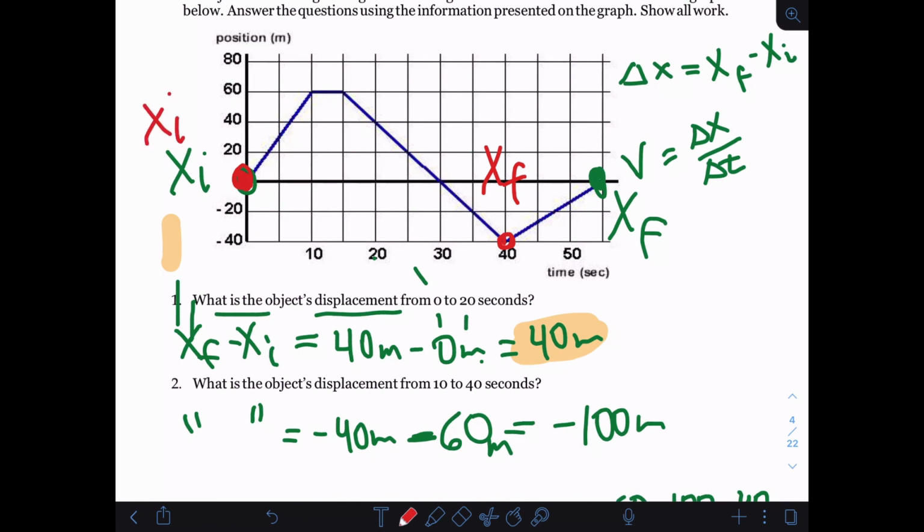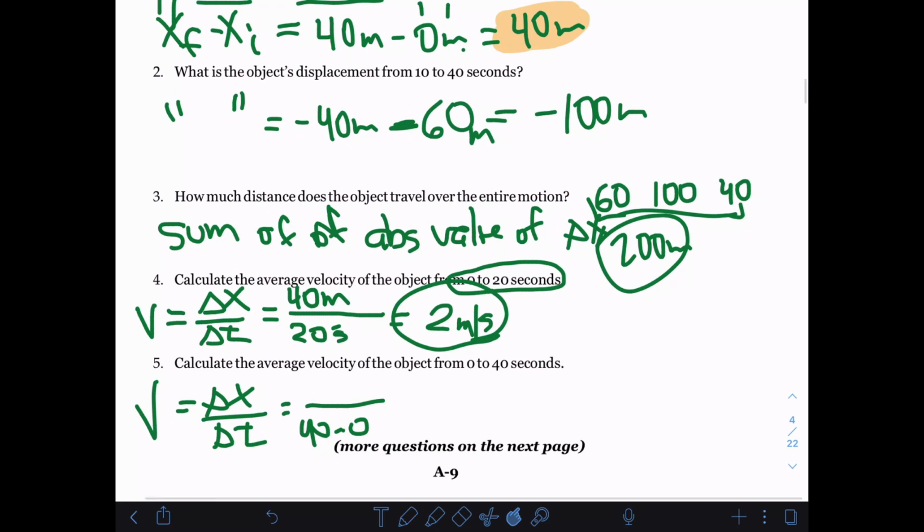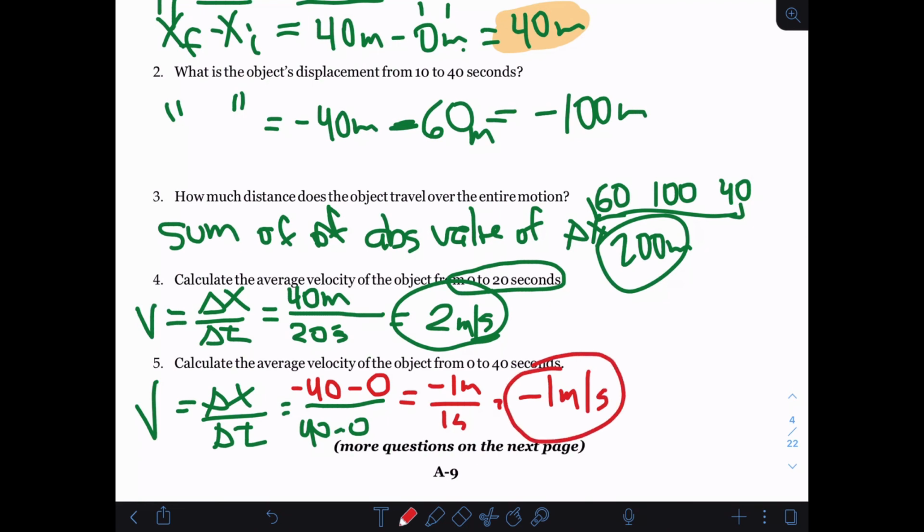So look at what happens. Final minus initial. I can write it right in here. Negative 40 minus 0. Which reduces down to negative 1 meter over 1 second. So negative 1 meter per second. And that's how you do average velocity.